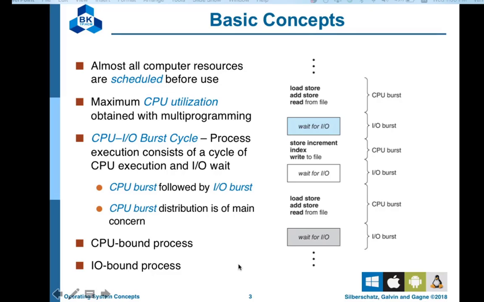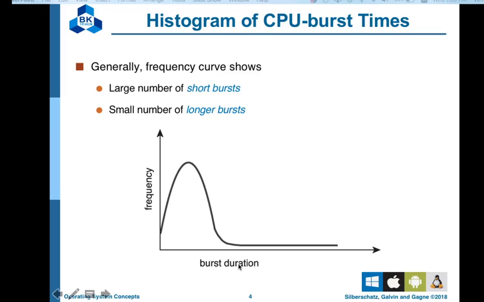So here we have the histogram of the CPU burst time. As you see in the histogram, the data illustrate that we have a large number of short CPU bursts and a small number of long bursts.